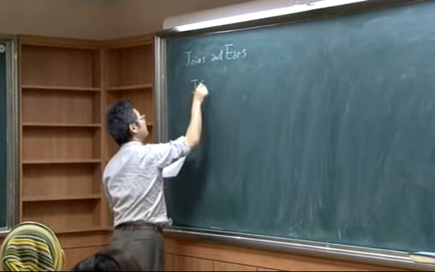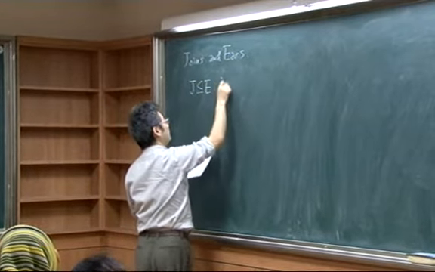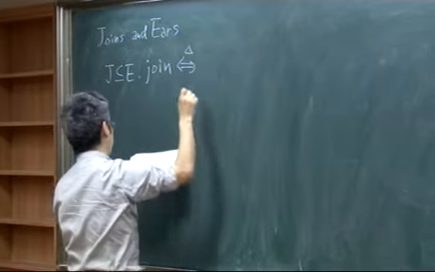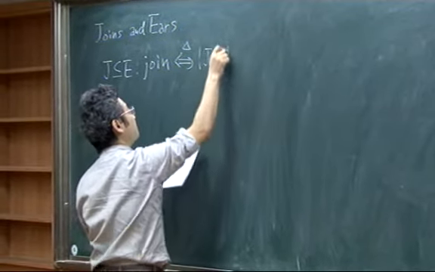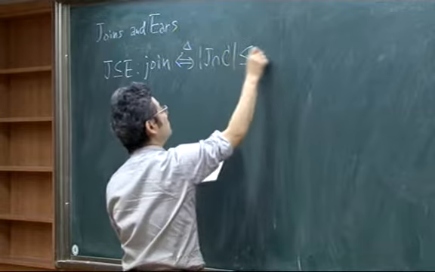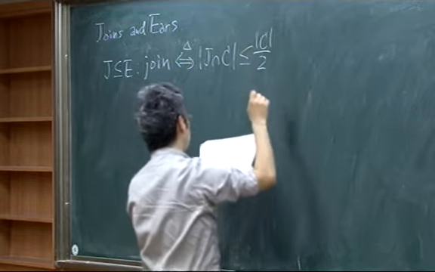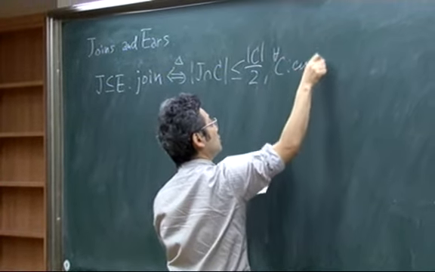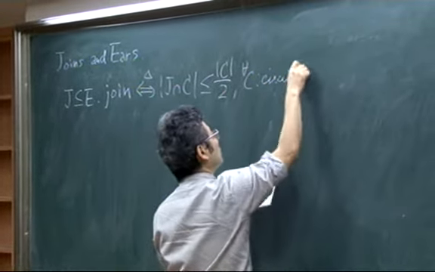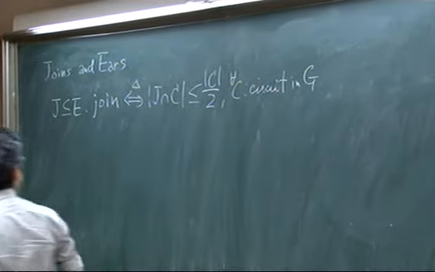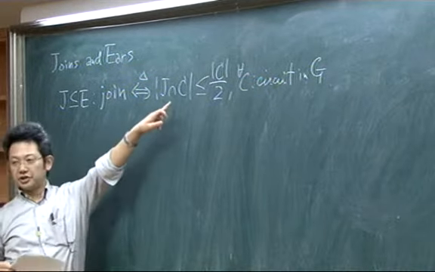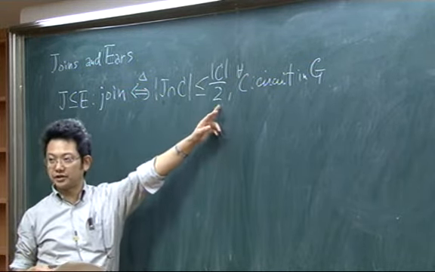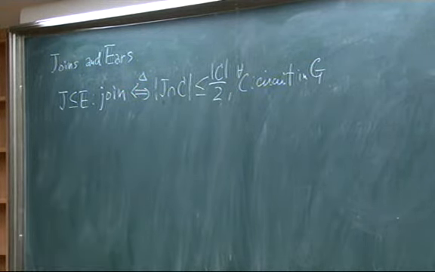A set J in an undirected graph is called a joint if and only if, for any circuit C, its intersection with C is at most half of the cardinality, the length, of the circuit.